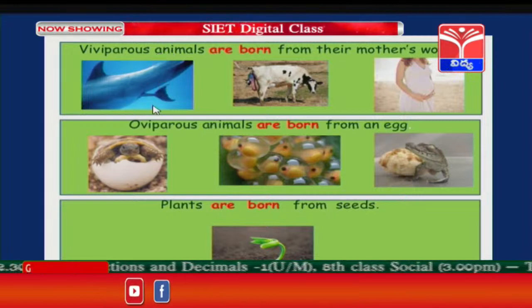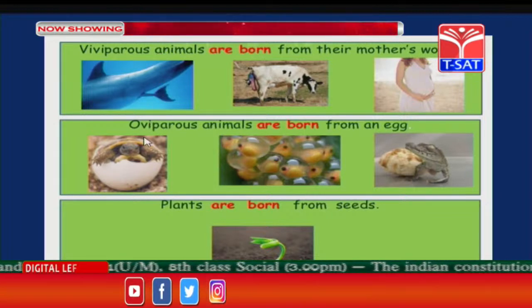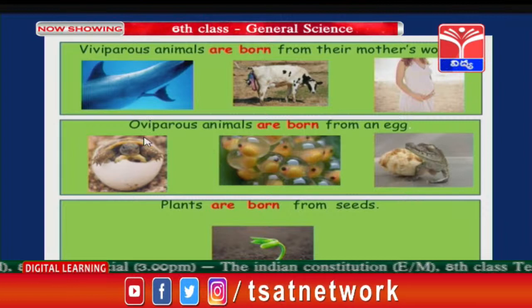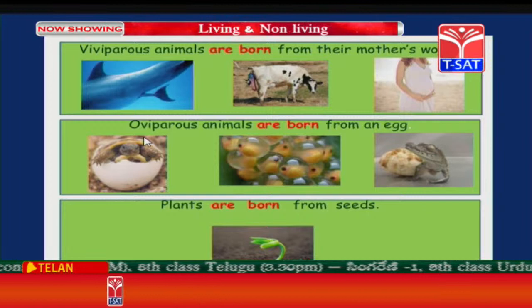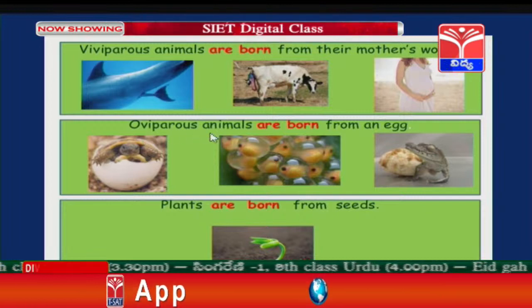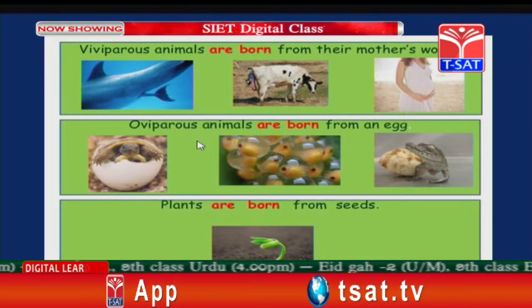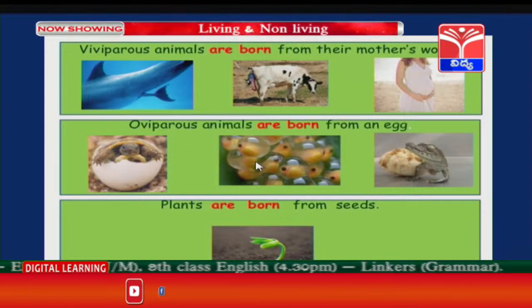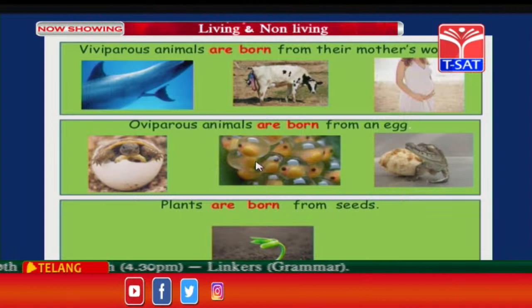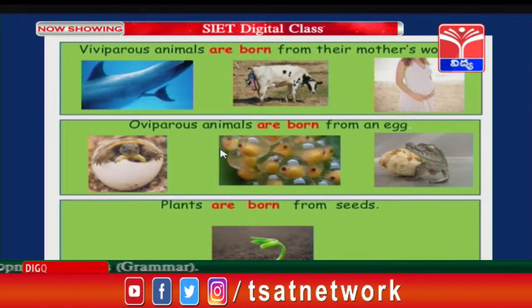Whereas the second one, those animals which lay eggs, the eggs will hatch and the babies will come outside. Such animals are called oviparous animals. Certain aquatic organisms all come under oviparous organisms.